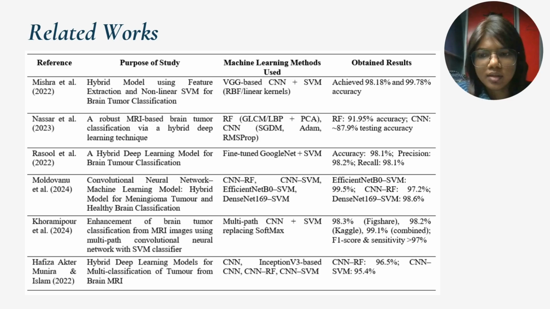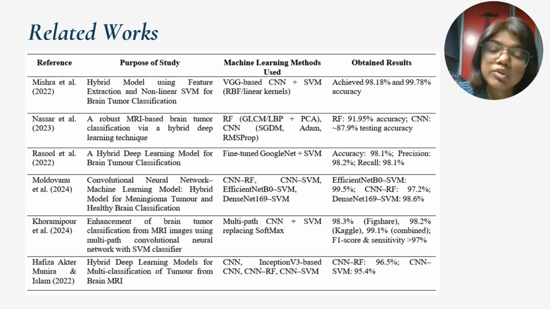Thank you. I will present the related work that forms the foundation of our research. Many recent studies have explored hybrid techniques combining convolutional neural networks with traditional machine learning classifiers, such as support vector machines and random forests, for brain tumor classification using MRI images. So let's go over a few key studies highlighted in Table 1.